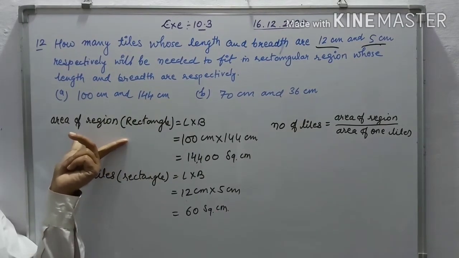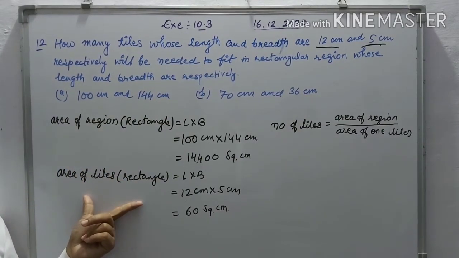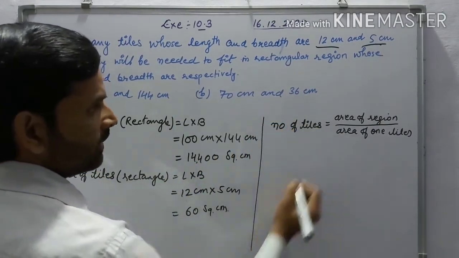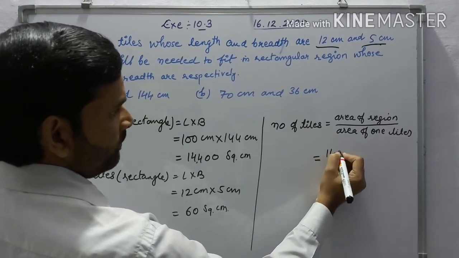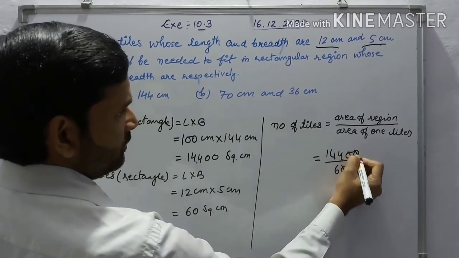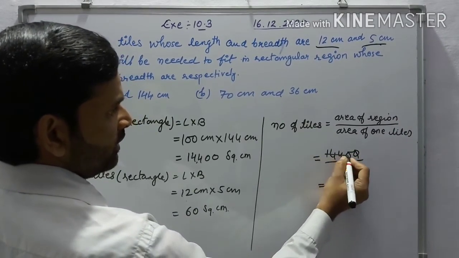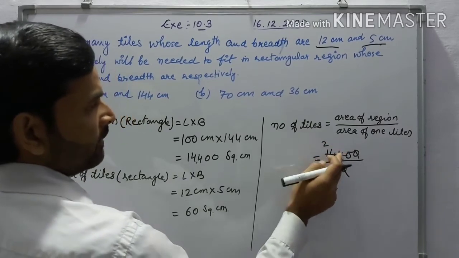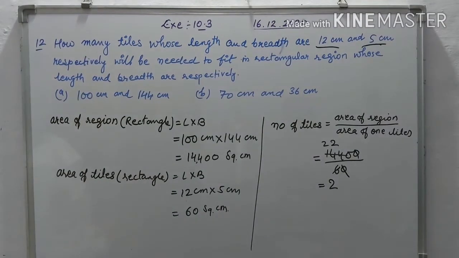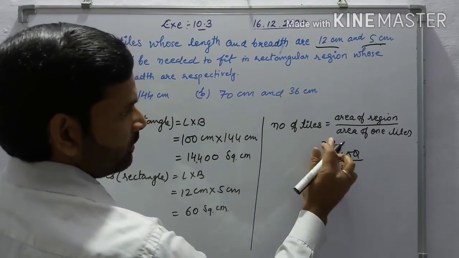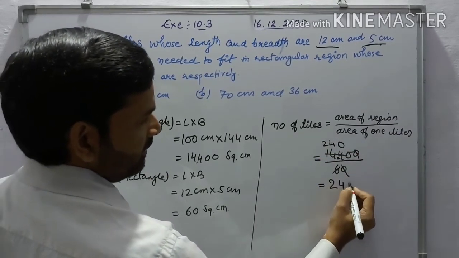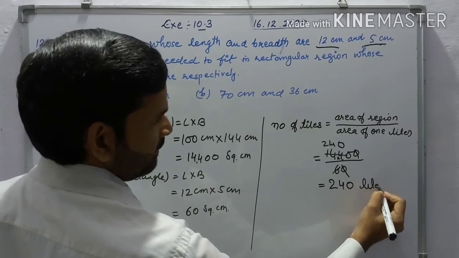First you find the area of the region and second the area of the tile. So 14,400 upon 60, cancel the zeros, 6 twos are 12, 6 twos are 12, 6 fours are 24, so that is 240 tiles.